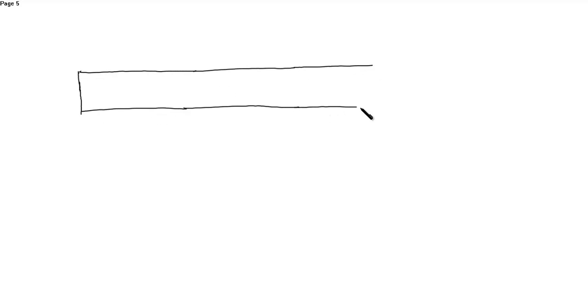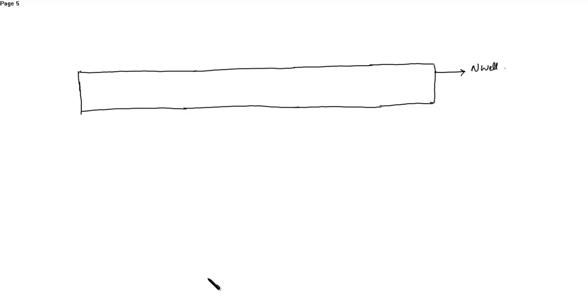We need space for 3 P diffusion layers. So I think this much will be okay. So this is the n-well layer.